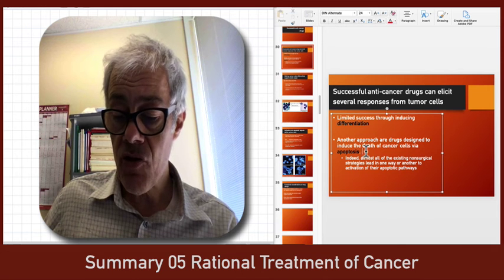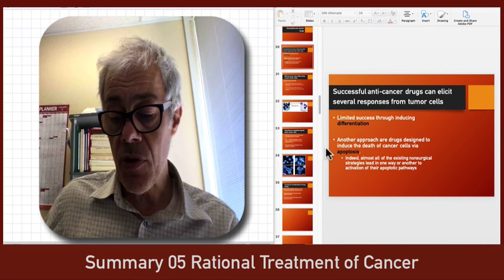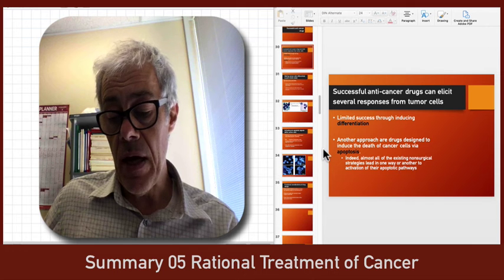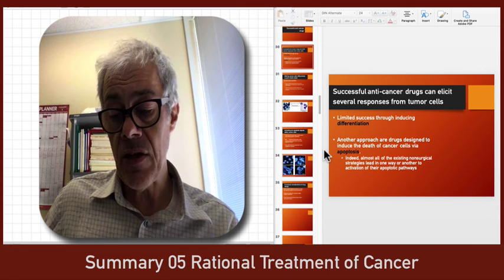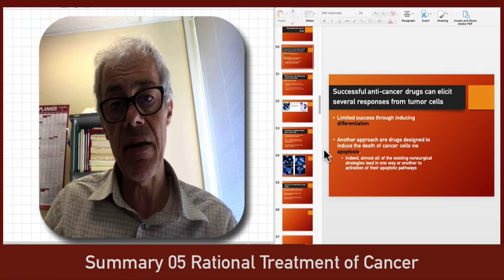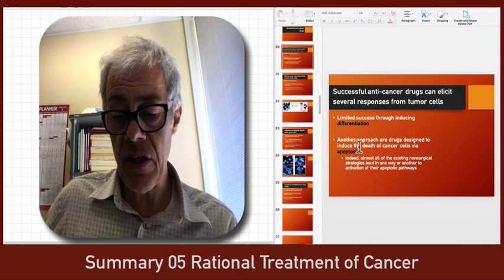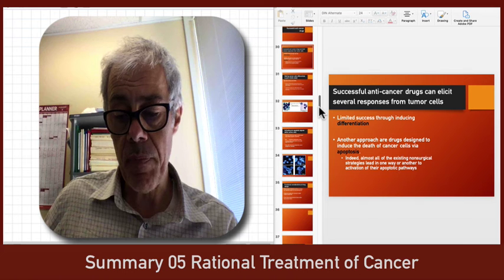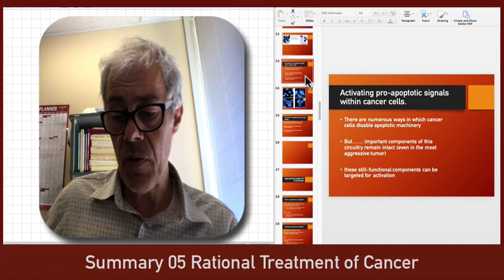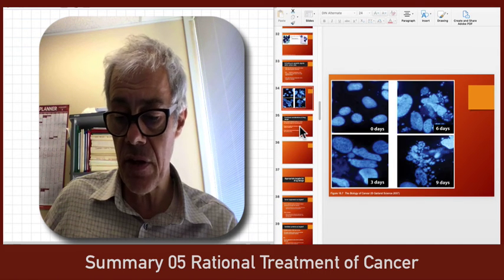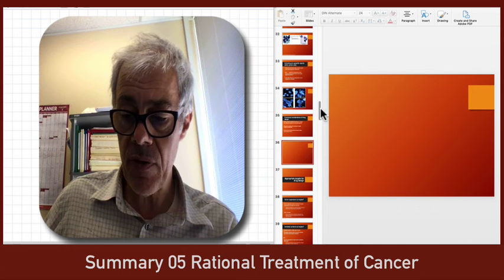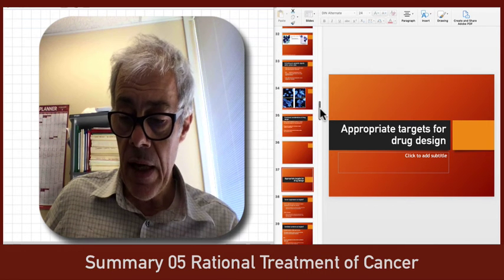And there are some other drugs which are able to make apoptosis happen again in the cells, so they can induce some cell death in cancer cells. There are a couple of examples given in the lectures of these, which you can quickly have a look at if you're interested.